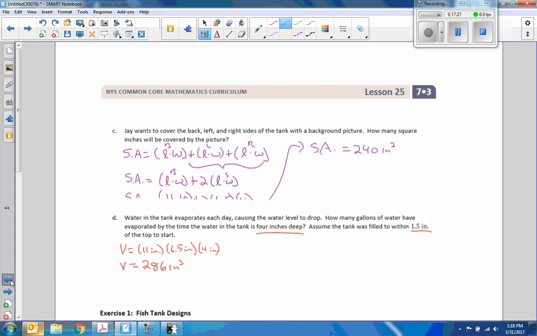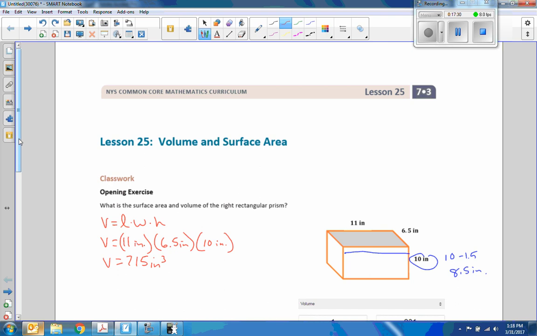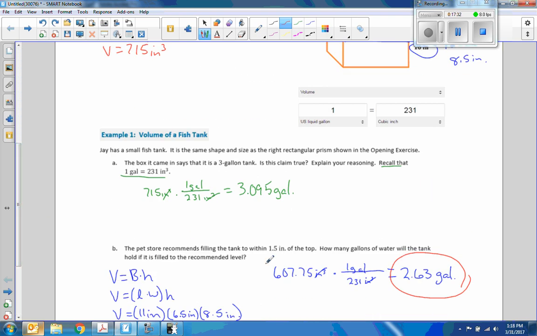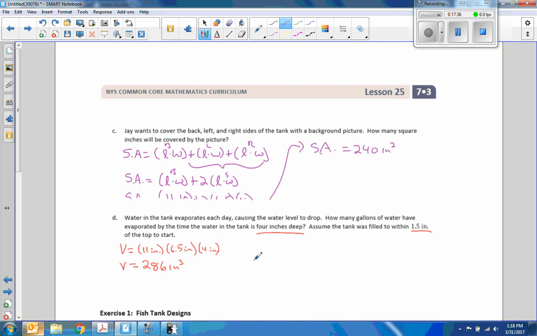If I go back to that last problem where the water was full, it was right here, cubic inches, 607.75. So the difference would be 607.75 inches cubed minus the 286 inches cubed, which will give us how much water evaporated. Okay, so assume the tank was filled up. It says how many gallons of water have evaporated.